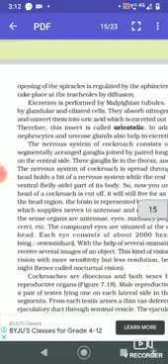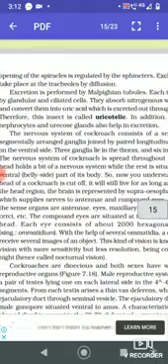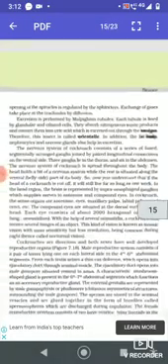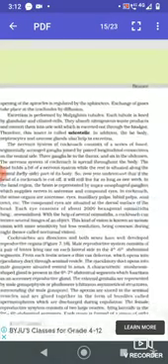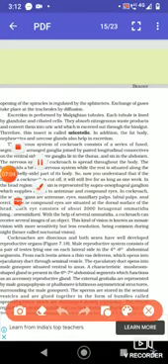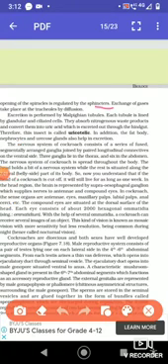And opening of the spiracles is regulated by the sphincters. और ये जो स्पाइरकल का ओपनिंग है उसके चारों तरफ स्फिंक्टर मसल प्रेजेंट होते हैं. By the side of the spiracle, it is having the sphincter muscle which regulates the opening and closing of the spiracles.